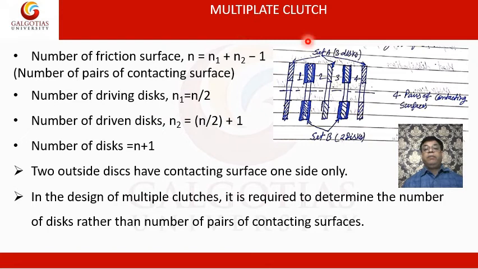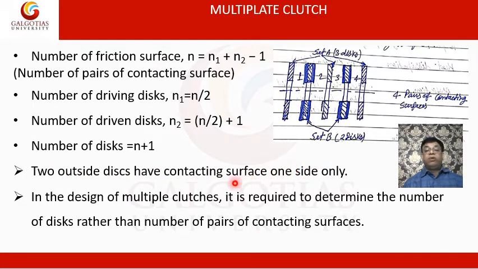In a multi-plate clutch, you will design the number of discs rather than the number of pairs of contacting surfaces. When you design the multi-plate clutch, what you have to determine is the number of discs rather than the number of pairs of contacting surfaces. The two outside discs have contacting surfaces on one side only.